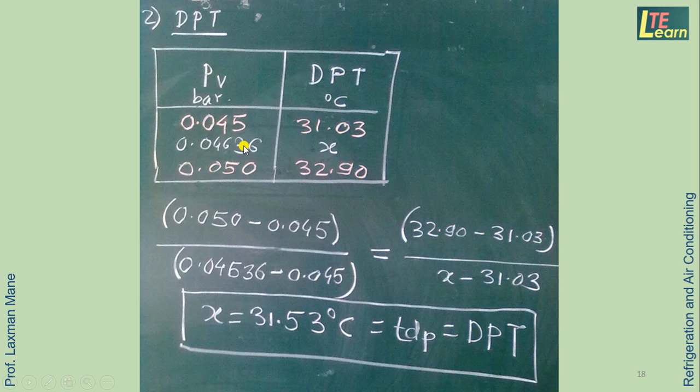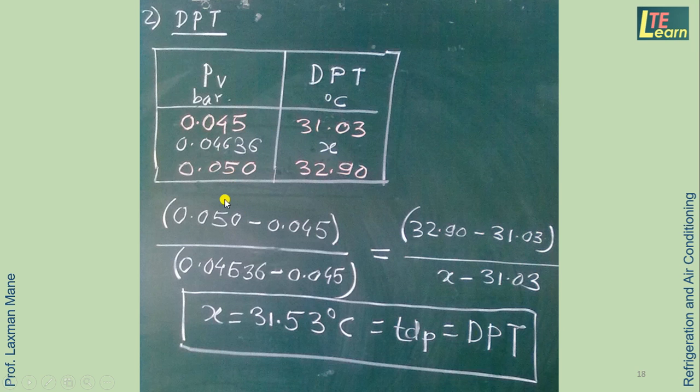So the corresponding dew point temperature is an unknown value. So for that, this is the way of calculation. First of all, write down the known values of PV on both sides of PV. Then from the steam table, write the corresponding values.